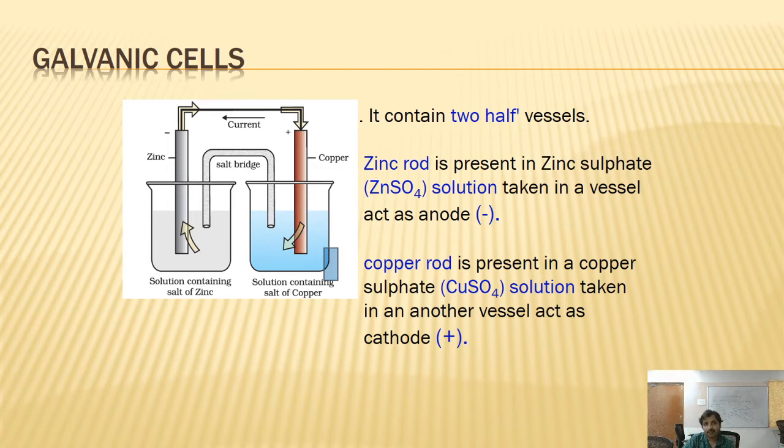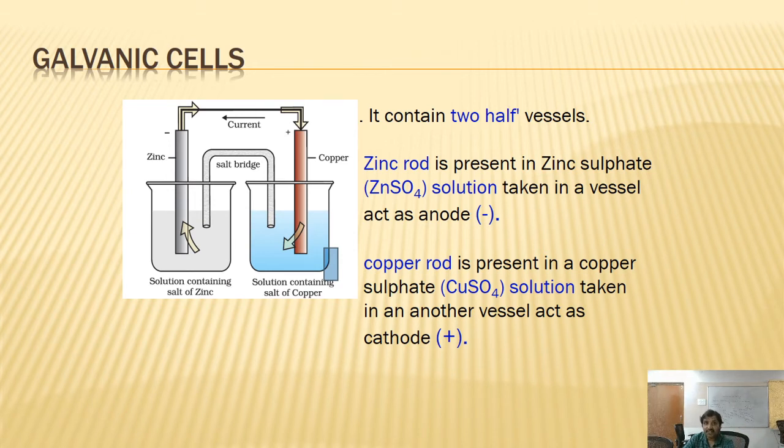The point to be noted is that in the galvanic cell, the anode has a negative charge and the cathode has a positive charge, whereas in the electrolytic cells, the anode has a positive charge and the cathode has a negative charge.